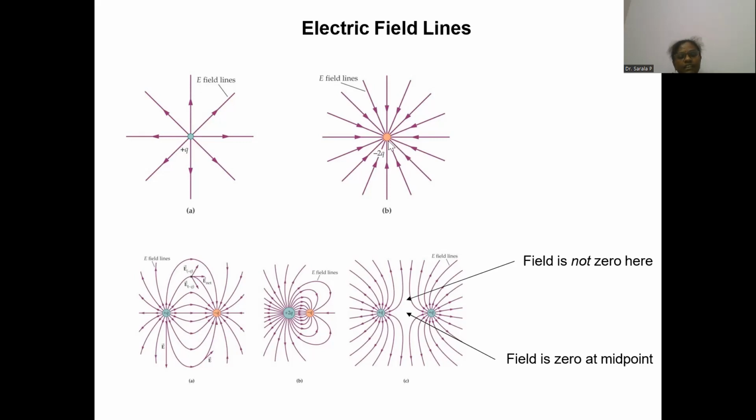And if we take a negative charge, then the lines are going to end on the charge, coming from the infinity level. If we take a positive charge and a negative charge, the lines start from the positive charge and end at the negative charge. So always the lines of force try to move from positive charge to negative charge.